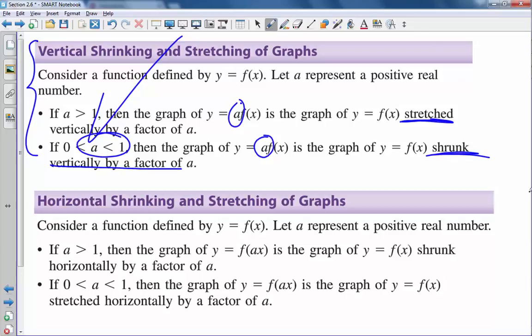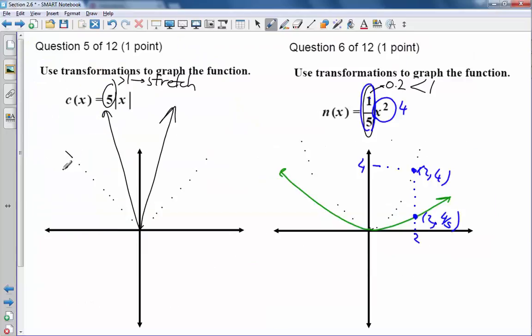Where do you think the number will show up? Again, if the number shows up before the entire equation, it's vertical. But the number only shows up wherever the x's are, right before x, like they are touching each other. Here they are not touching each other. There is a barrier between them. This is the main function, and 5 is affecting the whole entire function.